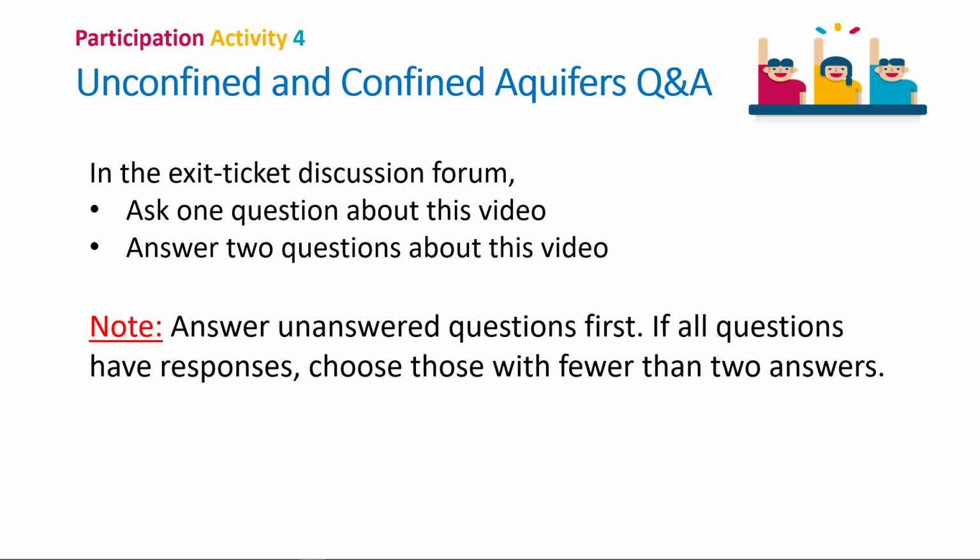Again, that's your Facebook or social media exercise for this video. You have to do this in addition to the exit ticket. So these are two things. Exit ticket is like a student to instructor discussion, while these ones are more like student to student discussion.